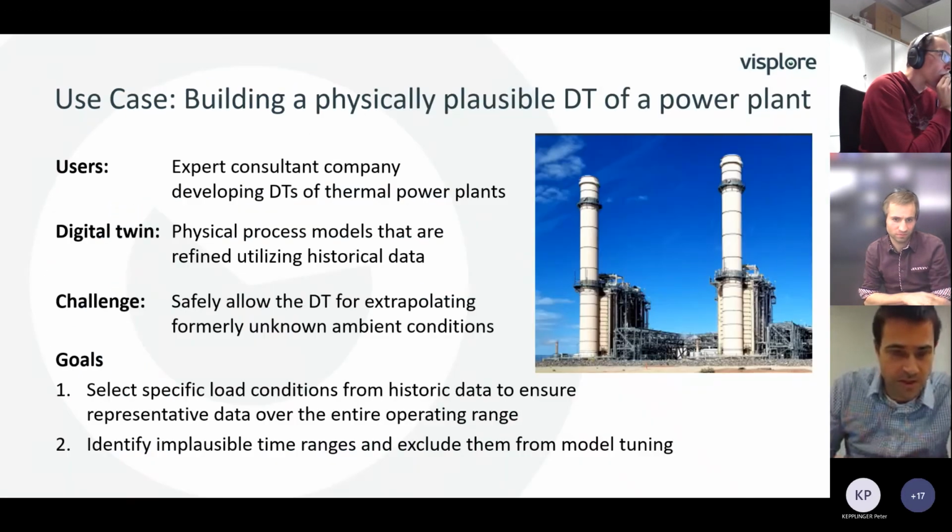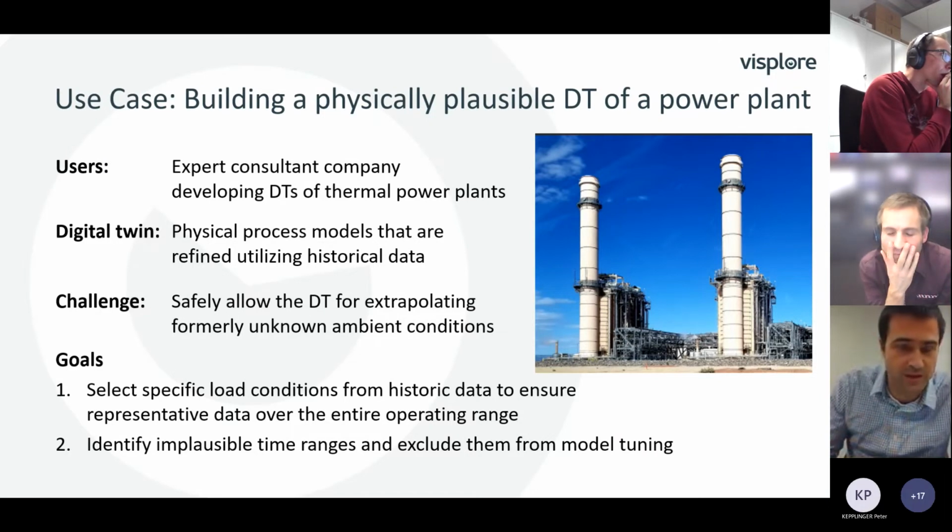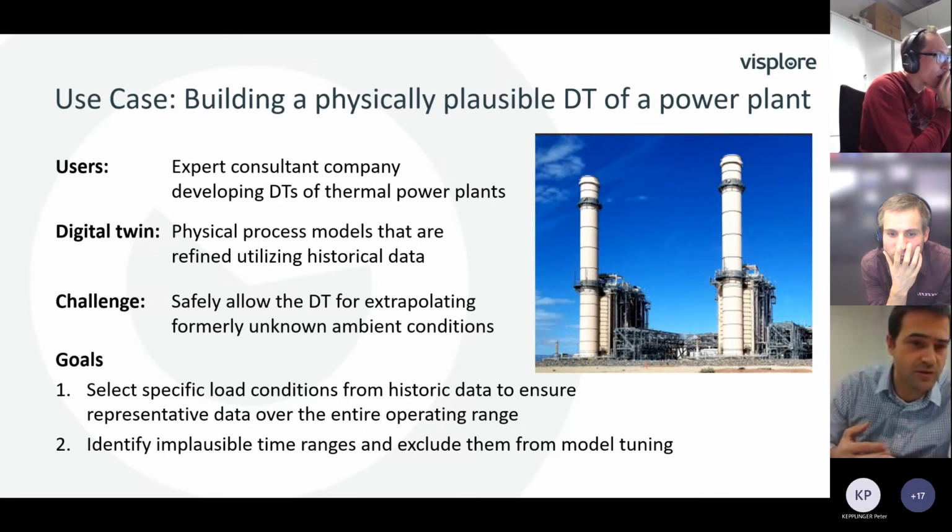I want to briefly make this a bit more concrete by means of two use cases. The first one is coming more from the aspect of building digital twins, the second more from using them. In this case, it was building a physically plausible digital twin of a power plant. The users were an Austrian expert consultant company developing digital twins of thermal power plants.